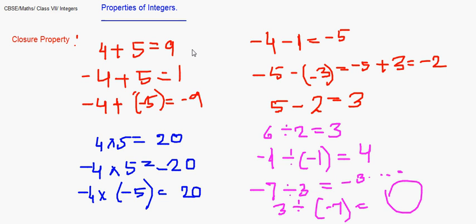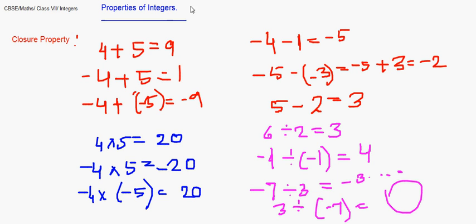So what we derive from this example is that the closure property is applicable to addition, subtraction, and multiplication, but integers are not closed under division. That's our first property.